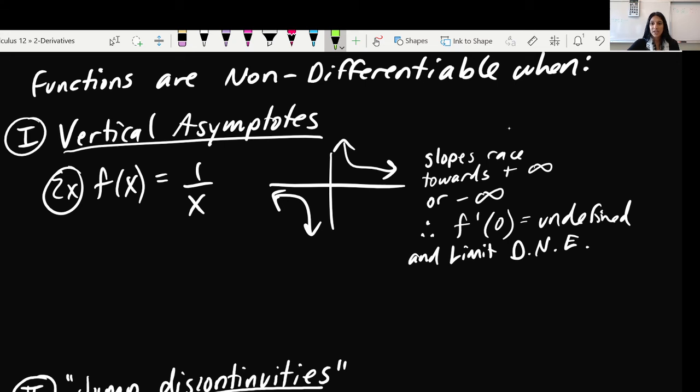The slopes race towards positive infinity, so moving in this direction here, or they're moving to negative infinity, which was headed in this direction here. So therefore, if the slopes are headed in different directions, f prime of 0 is undefined, and the limit does not exist because they're not approaching the same value from both sides, which is the definition of a limit.